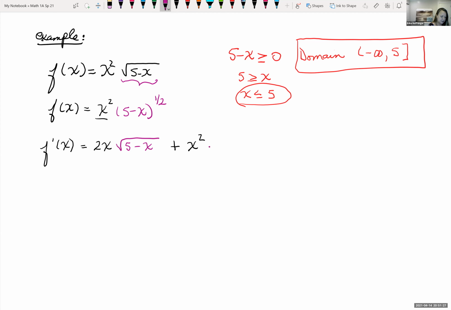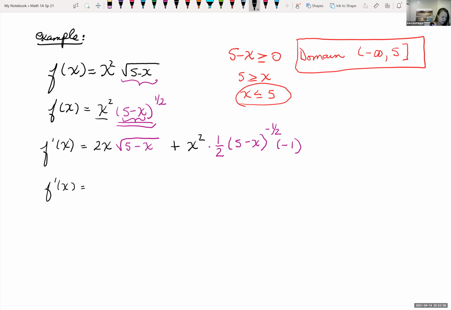Okay, so the derivative of the second, we're going to have to use the chain rule. So derivative of the outer, we'd have 1/2 of the inner, 5 minus x, subtract 1 from 1/2. So 1/2 minus 2/2, so negative 1/2. Don't forget to take the derivative of the inner. So the derivative of this inner piece, 5 minus x, is negative 1. So let's clean it up a little bit.